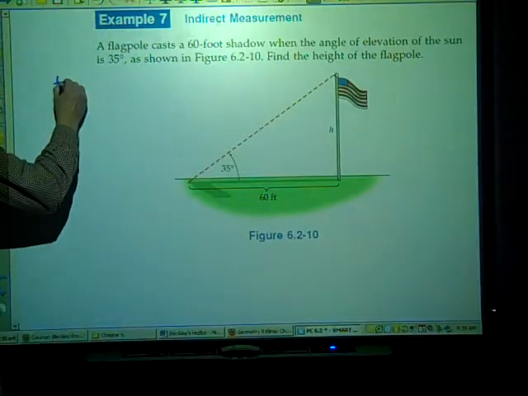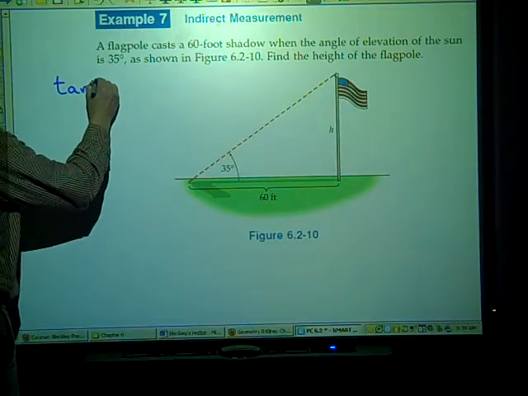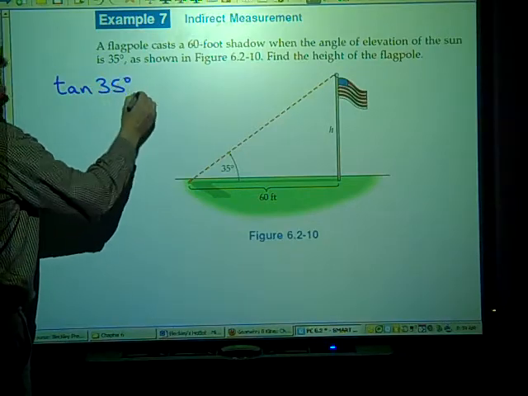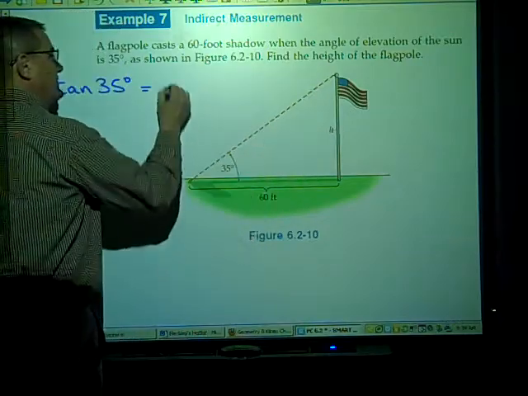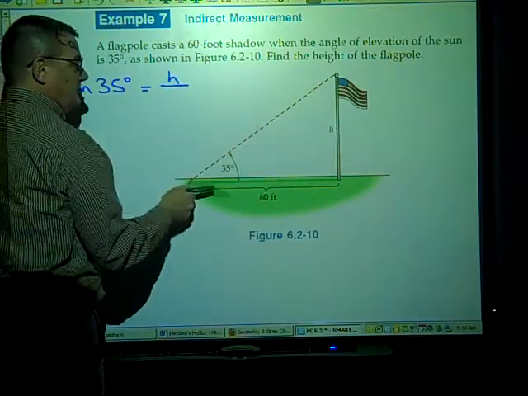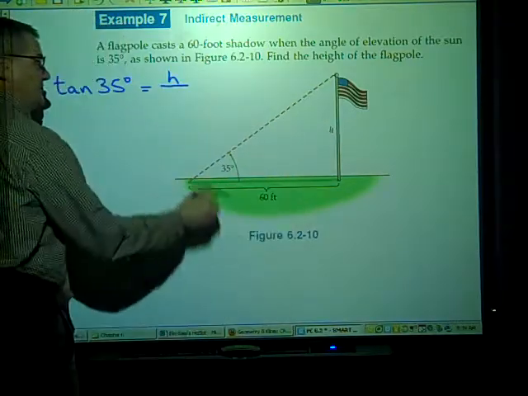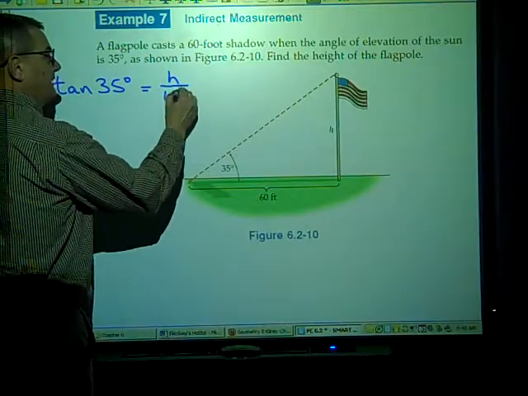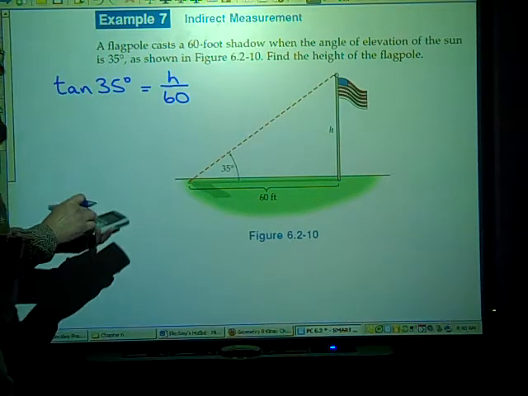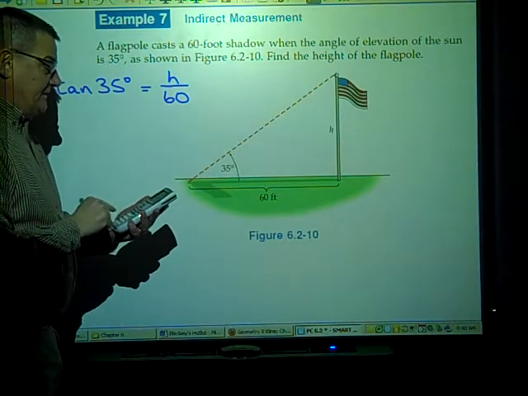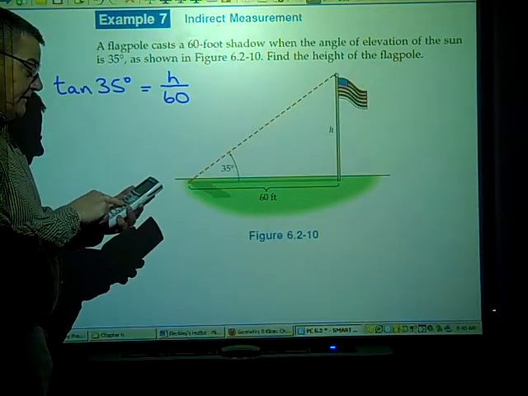So we're going to use tangent of 35 degrees is equal to the ratio of the opposite leg, which in this case is the height of the flagpole, to the adjacent leg, which is how far away from the flagpole we're standing, 60 feet. And we can now find out what the approximate tangent of 35 is by looking at our calculator.